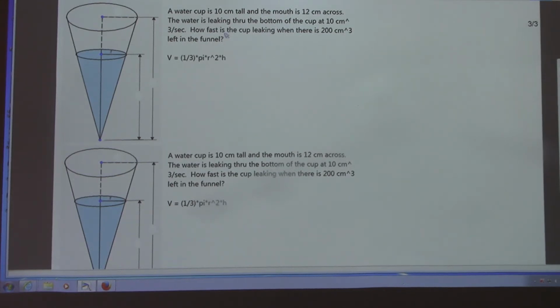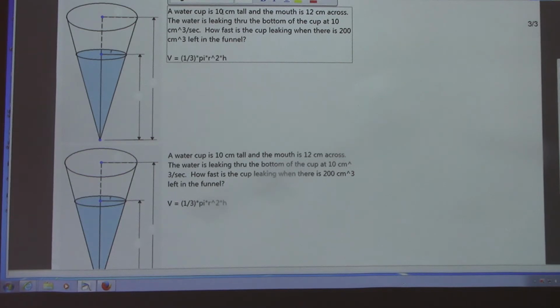Alright, so we've got water's being pumped into a cone. It's 4 meters tall, and a radius of 2 meters.